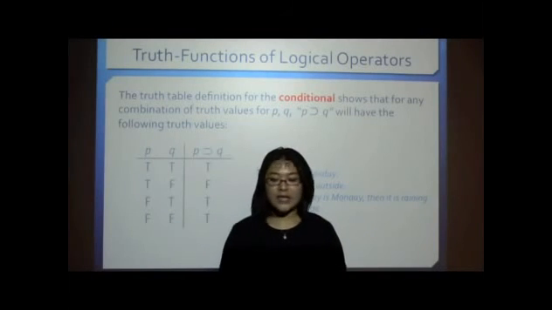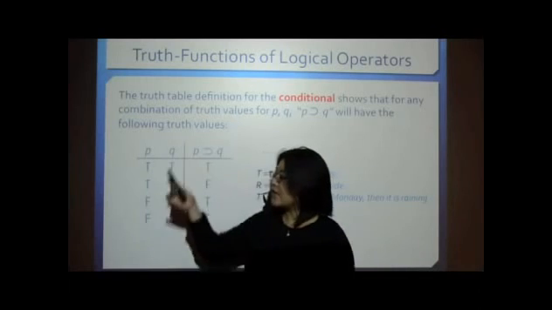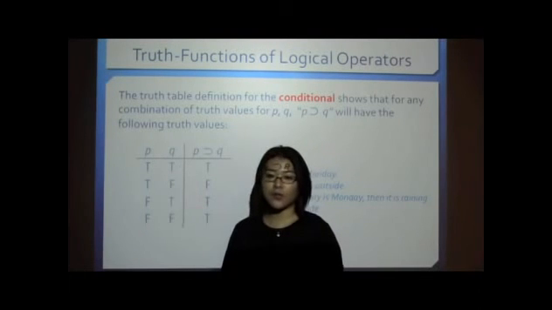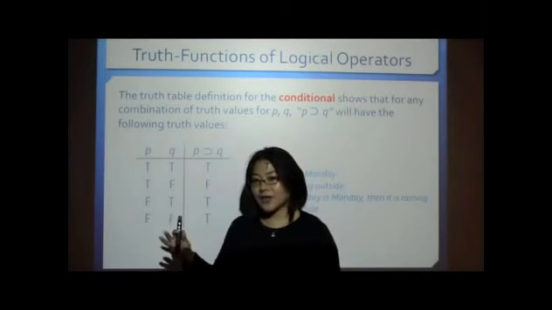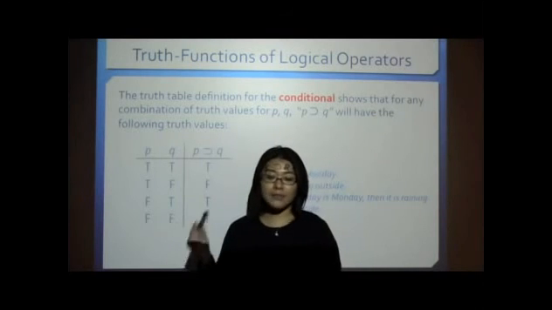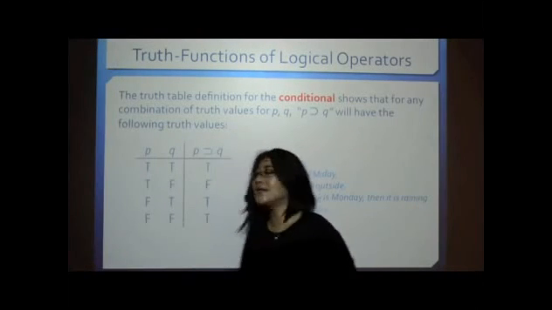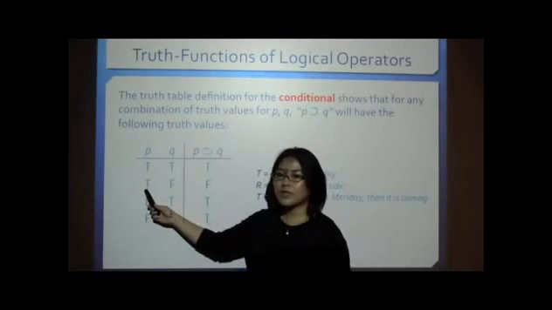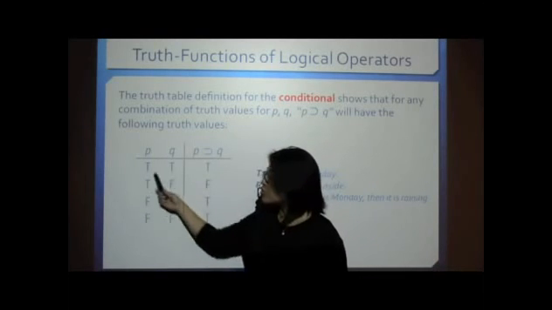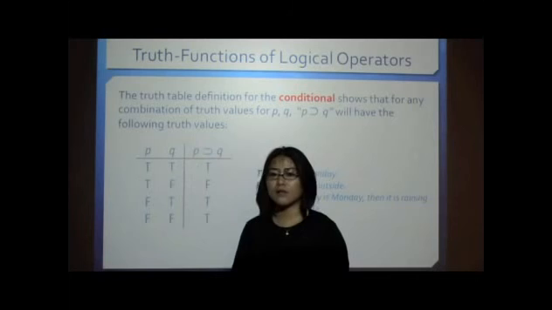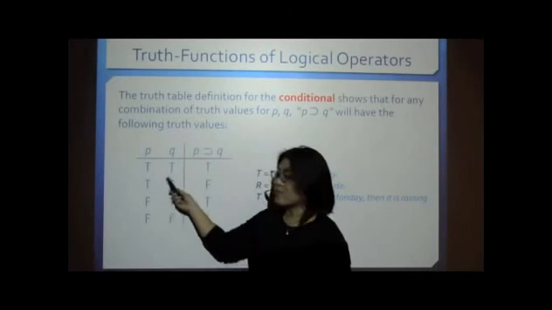So consider this. If I give you the conditional statement, if I drop this clicker on the floor, then it will break, how would we know that it is false? As a hypothesis, we would know that it is false if we drop the clicker on the floor and it does not break.